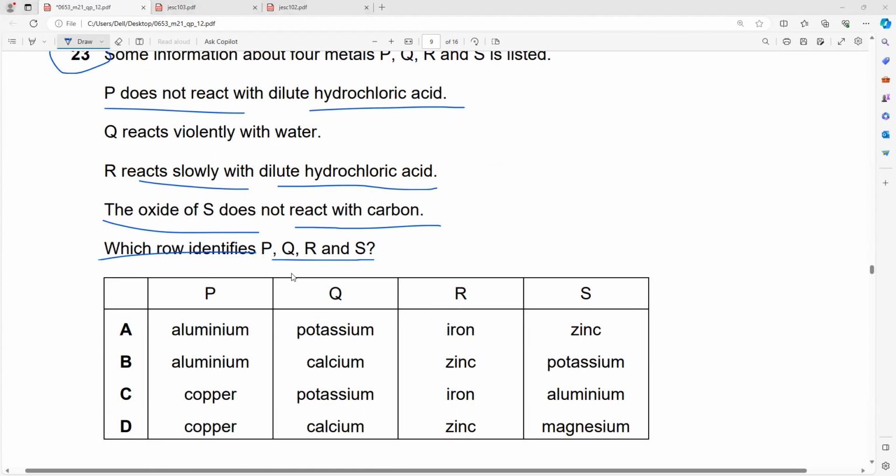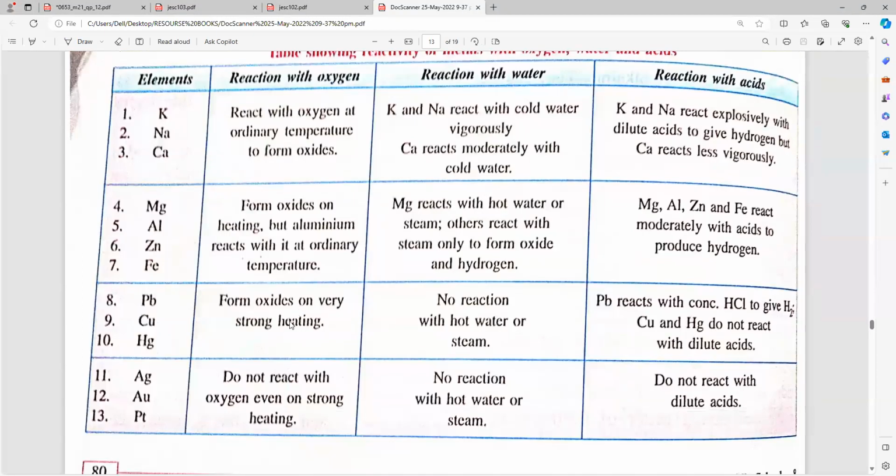In the notes which I have shared, the orange color tabular column must be there in our mind. Orange color tabular column: copper, mercury, and lead. Lead reacts with concentrated HCl to give H2. Copper and hydrogen do not react with dilute acids.